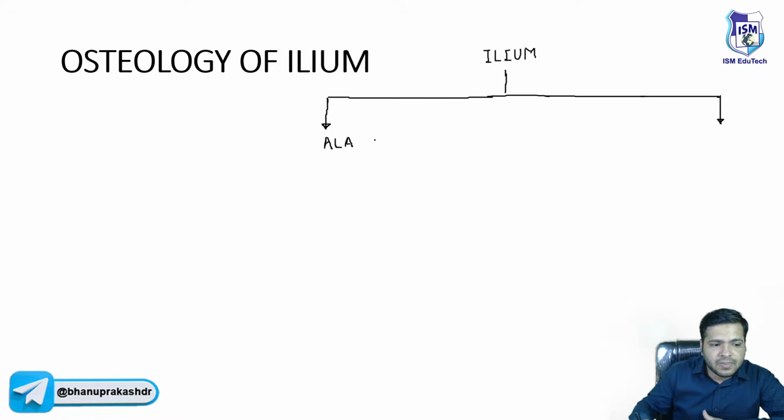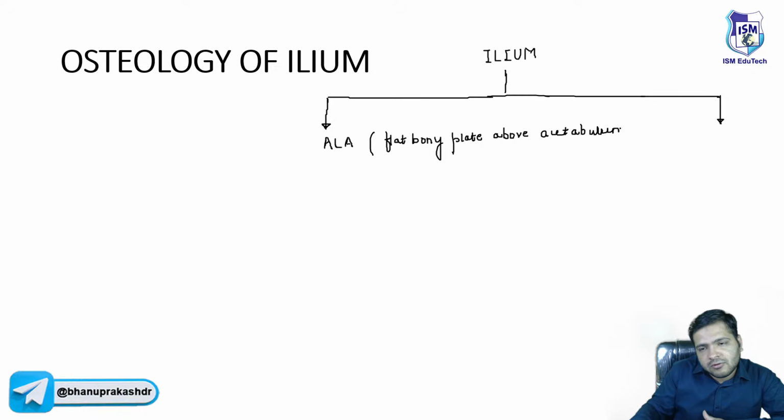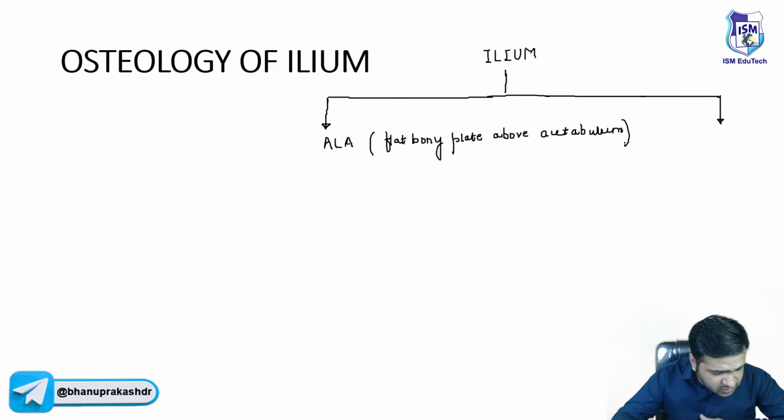Now, ala is a flat bony plate above the acetabulum. Please continue in the same flowchart, even if I'm using the next slide. And the second part, beta, is called the body of the ilium.